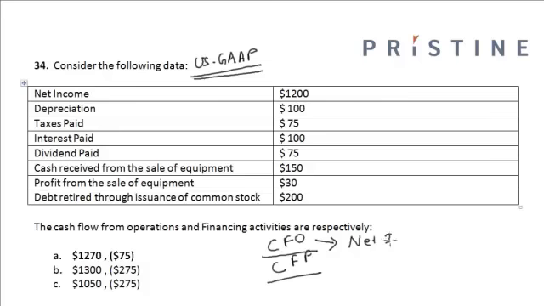So it will be equal to net income, plus the depreciation, because depreciation is a non-cash charge, and hence it will be added back to the net income.